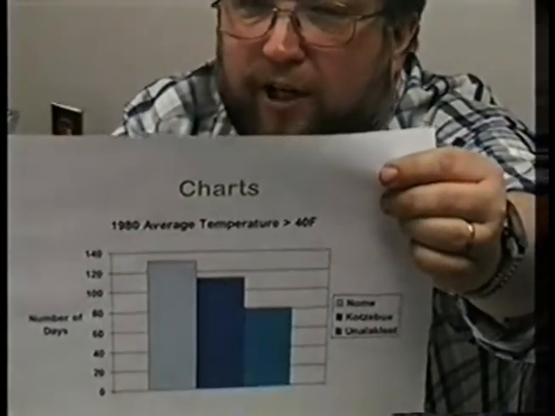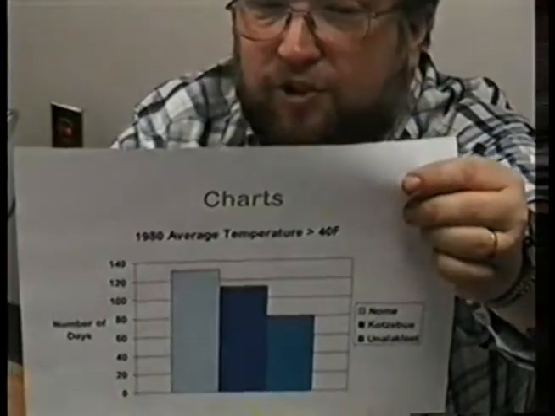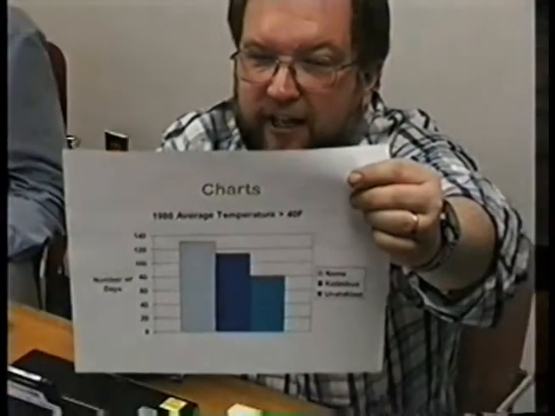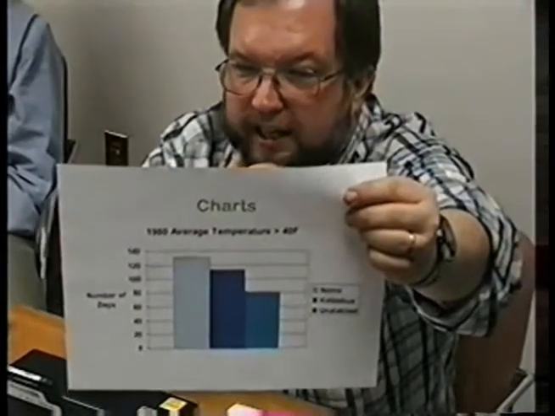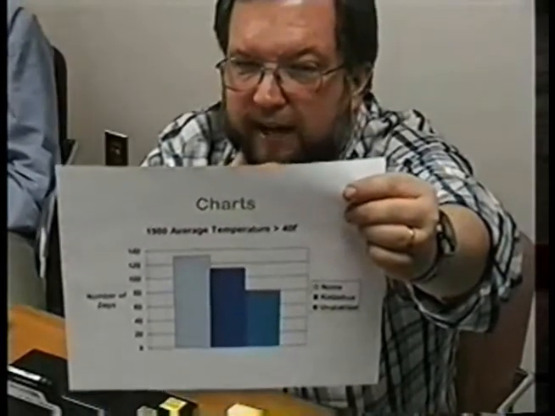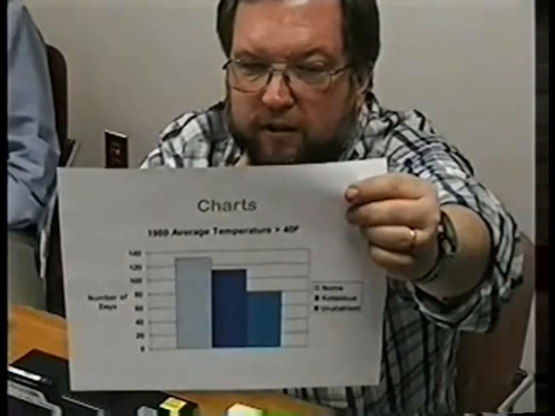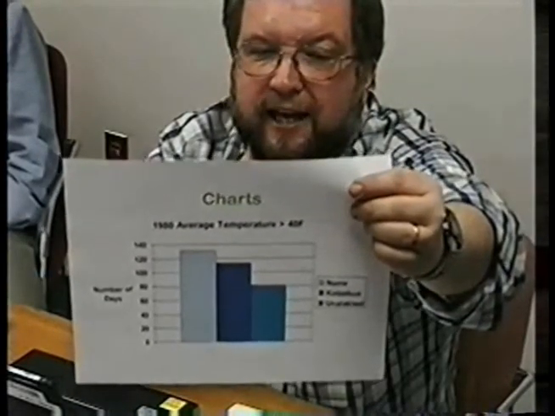But you would probably want to go back to the table that it was created from to find the exact value, because in there you would discover that Nome had 130 days where the average temperature was greater than 40, while Unalakleet had 81.